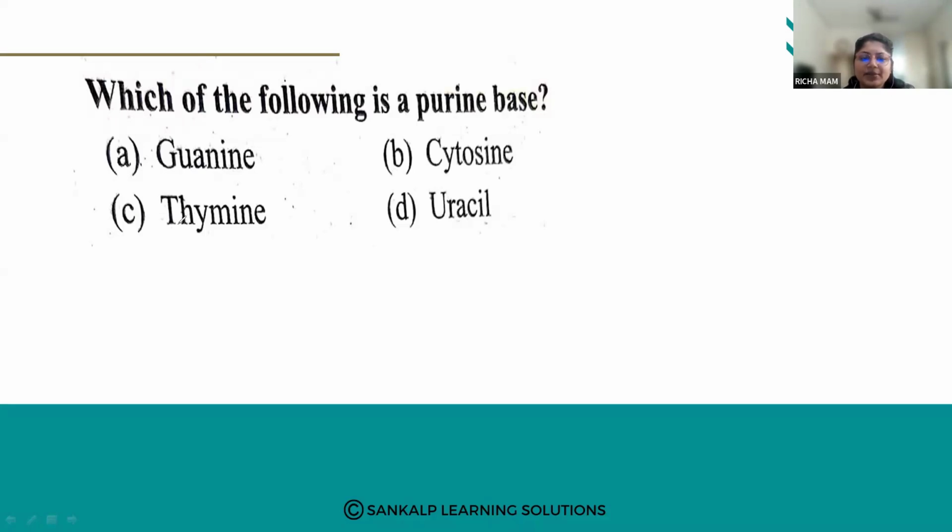Purine bases are made up of 5 and 6 membered rings, and these rings contain nitrogen and are fused together.